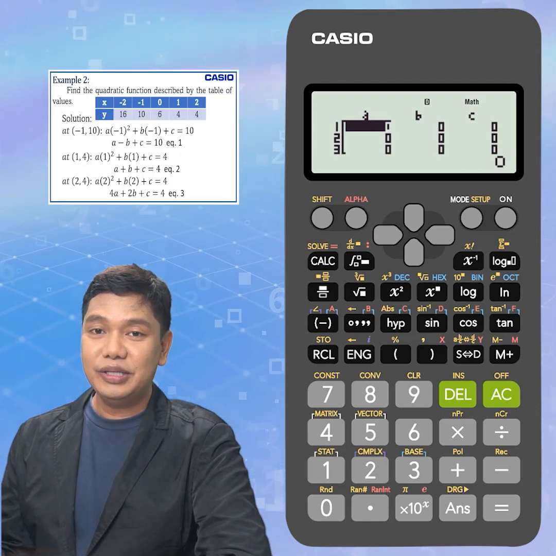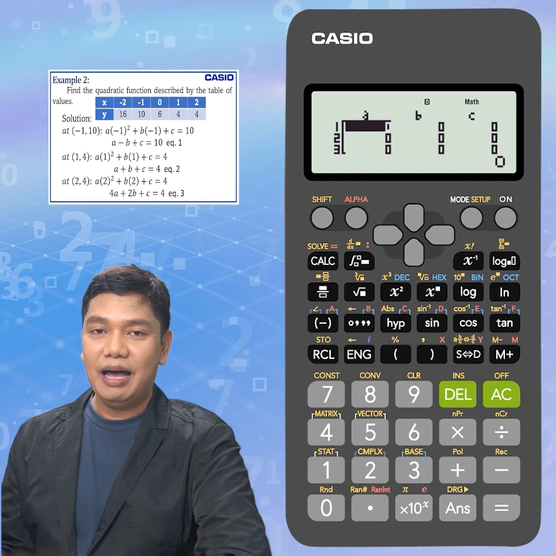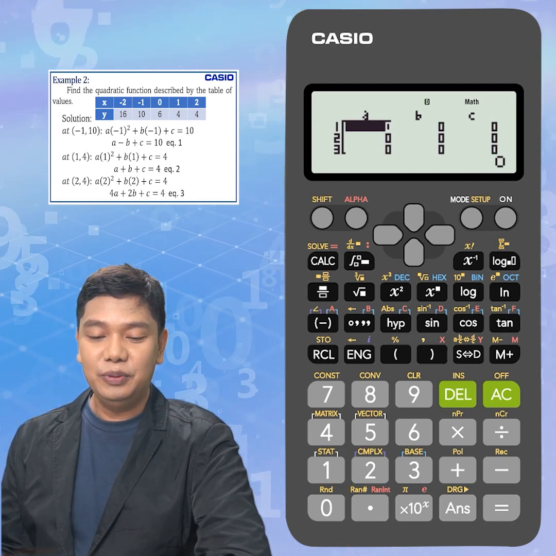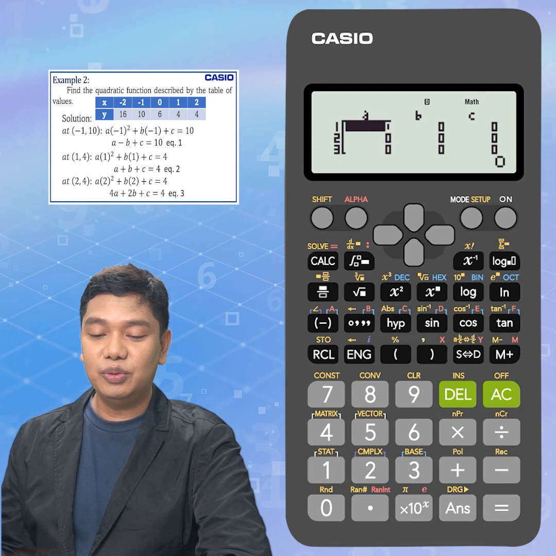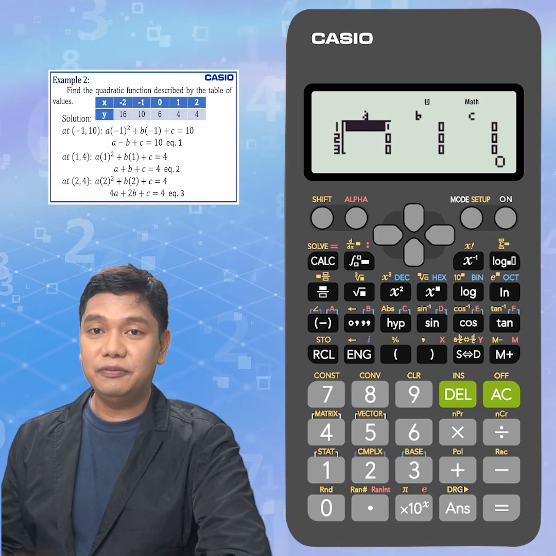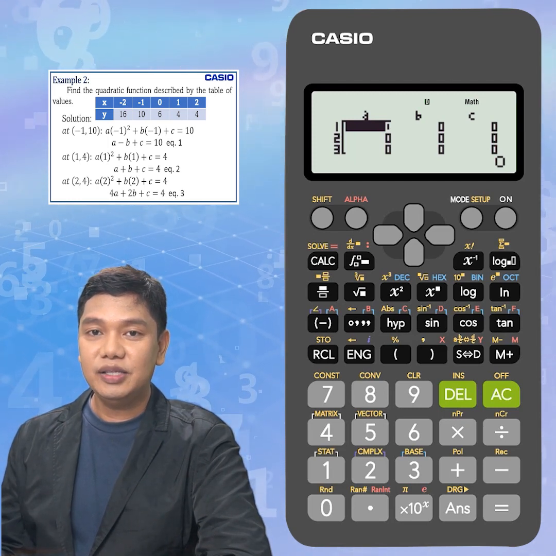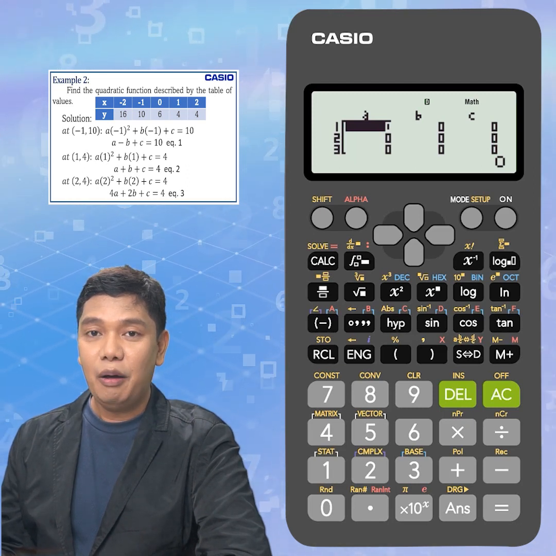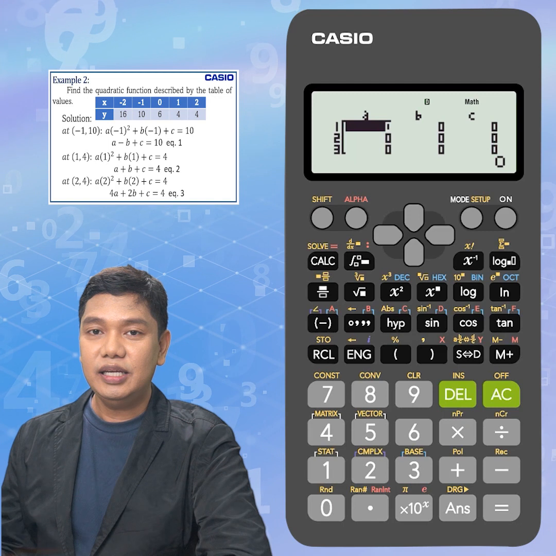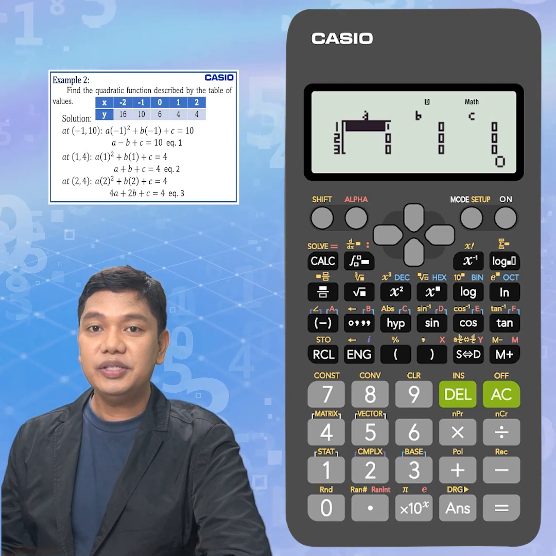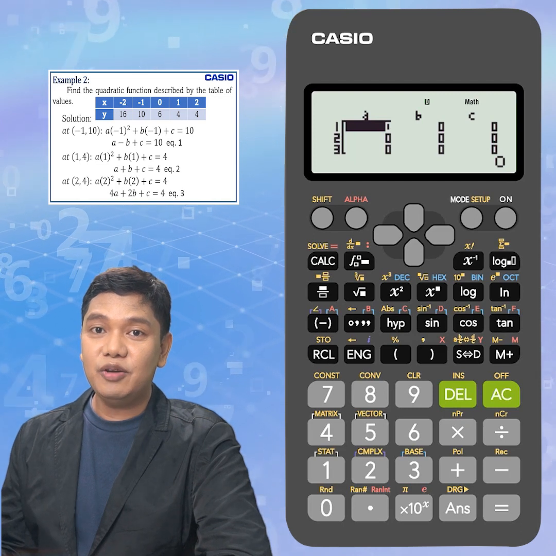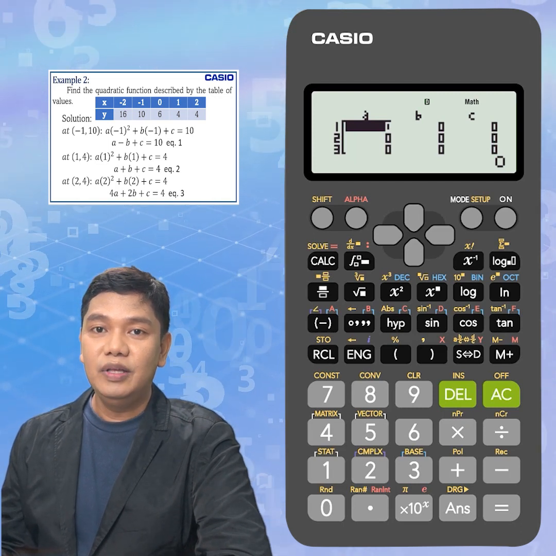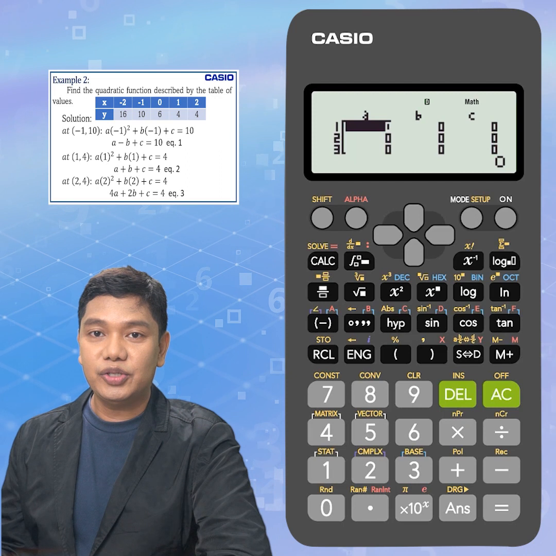This time, using the point (2, 4), we have a times the square of 2 plus b times 2 plus c is equal to 4. Simplifying this, we will arrive at the linear equation 4a plus 2b plus c is equal to 4. This will serve as our third equation. Using the three equations, we can now solve using the systems of equations.